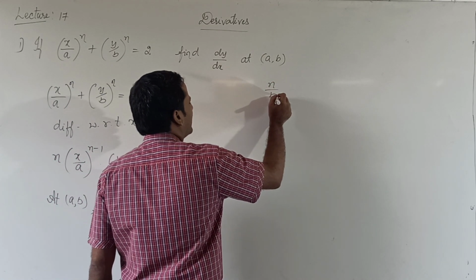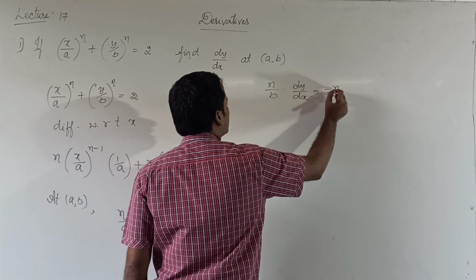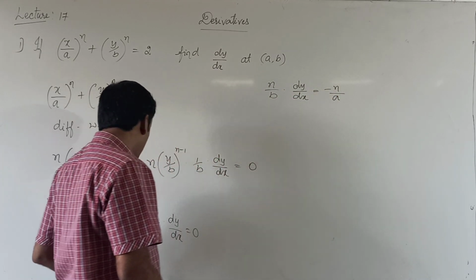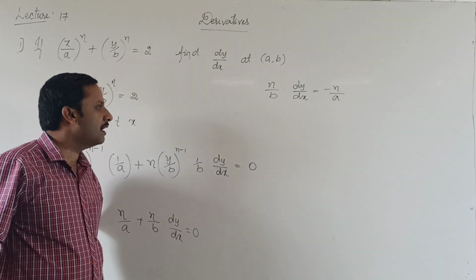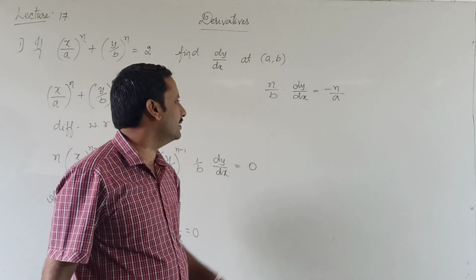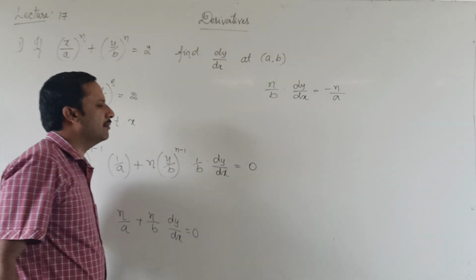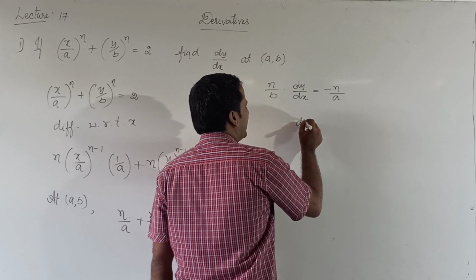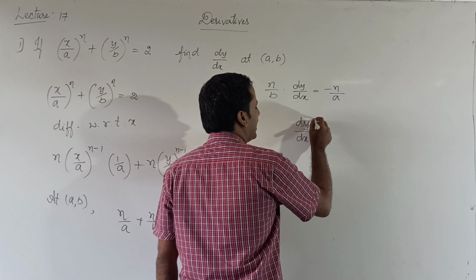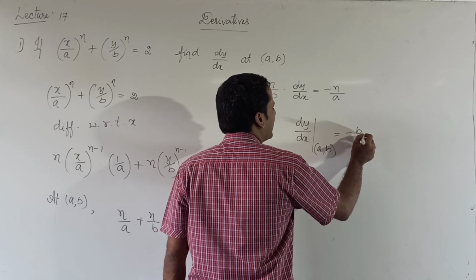So you will have n by b into dy by dx is equal to minus n by a. Now take this n by b to the other side, n gets cancelled, and b will come to the numerator. Which means dy by dx at (a, b) is equal to minus b by a.